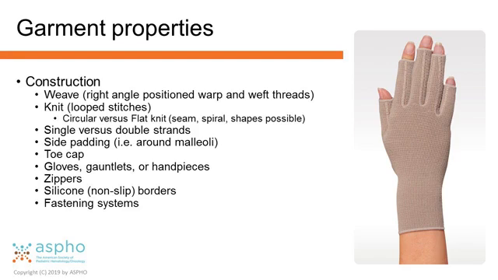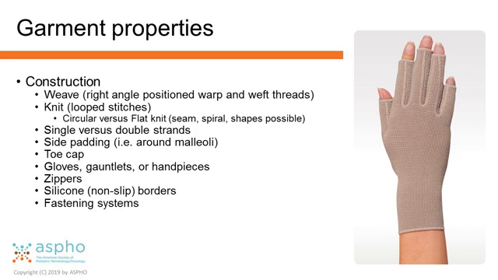Construction is also a consideration about whether it's woven, where the threads are at right angles to each other, compared to a knit that has loop stitches, and even within knit it can be a circular spiral knit versus a flat knit, which would make the difference of whether you're going to have a seam on the garment and how many shapes are able to be surrounded.